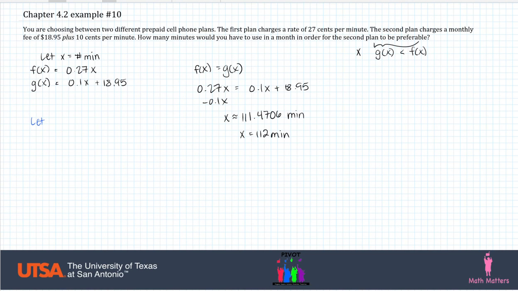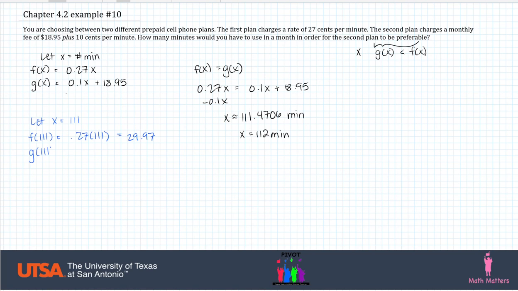So let's say x equals 111 minutes, which is our answer before we round it up. So f of 111 is going to give us 0.27 times 111, and this equals 29.97. So if you use 111 minutes for the first plan, this is what your bill comes out to be.